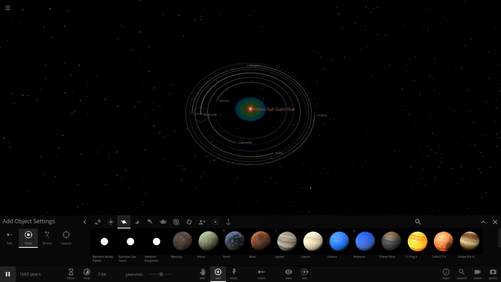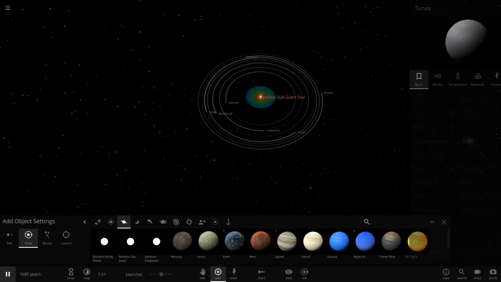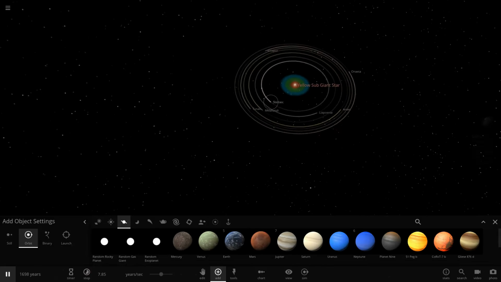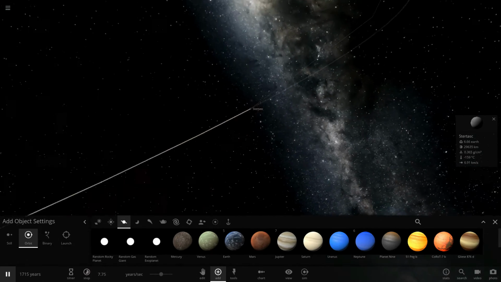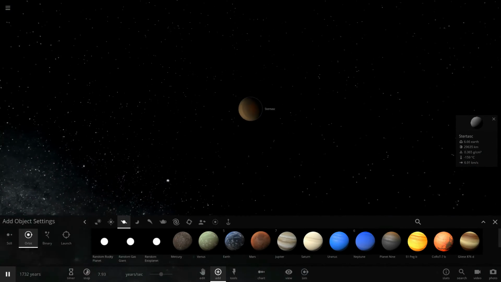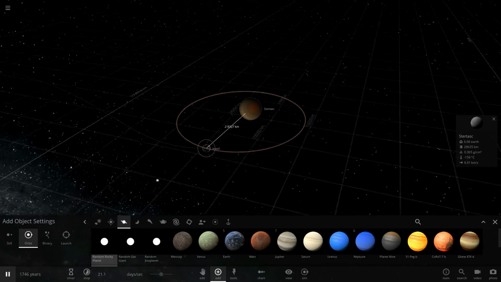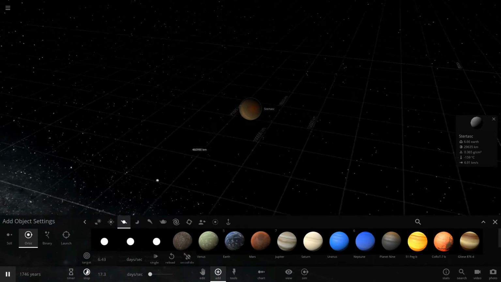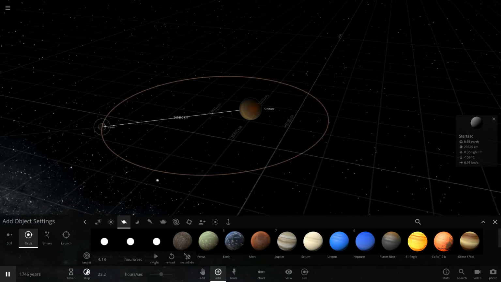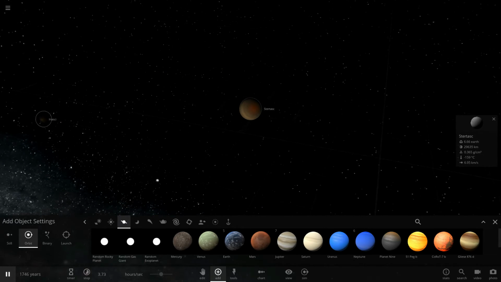So if any of these gas giants had, say, this gas giant right here, say it had a moon around it. Okay, so something like this, okay?